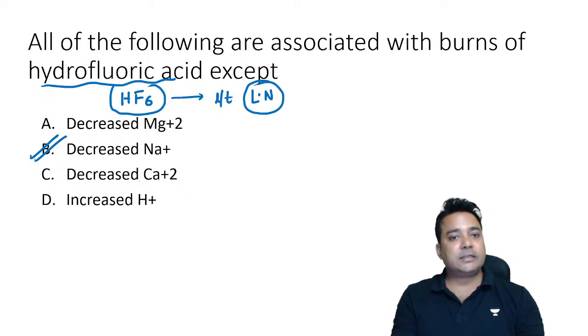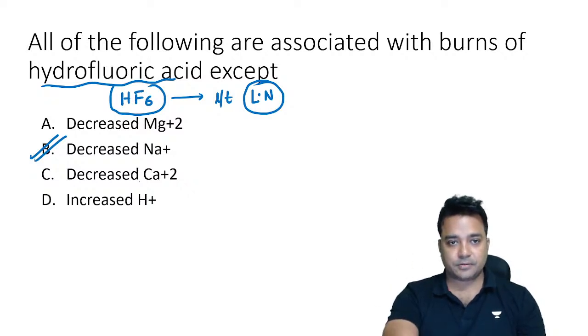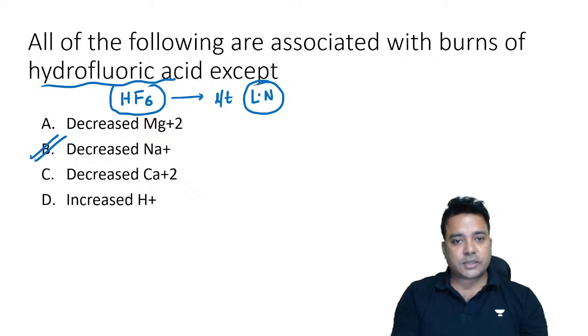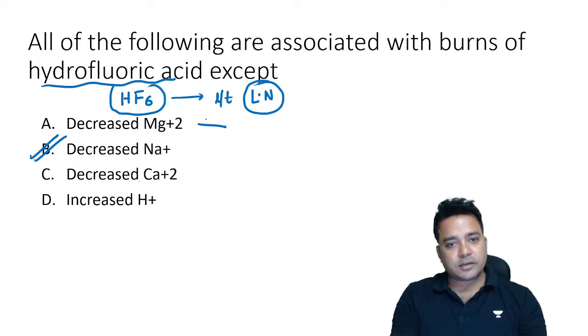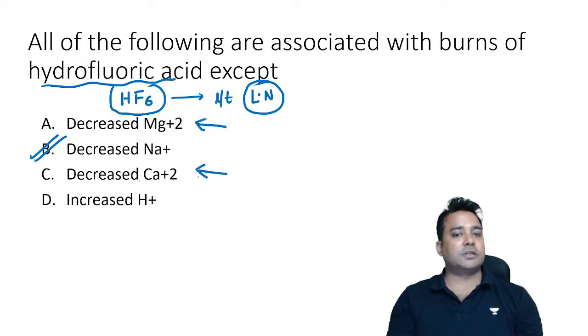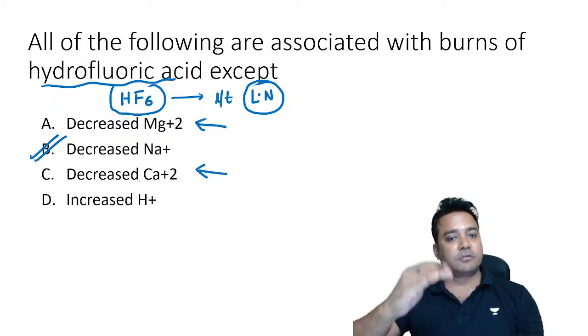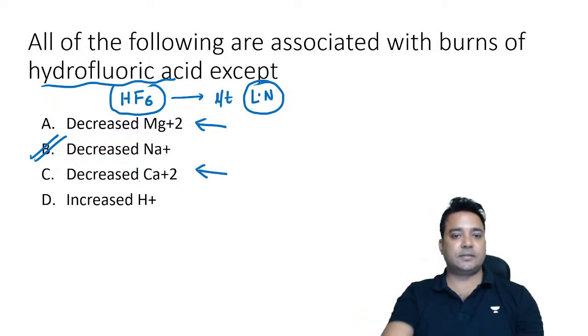Whereas all other acids having a C alphabet, they lead to coagulative necrosis. तो इसके मैनेजमेंट में क्या क्या यूज कर सकते हैं? मैग्नीशियम सल्फेट यूज कर सकते हैं, कैल्शियम ग्लूकोनेट यूज कर सकते हैं to replenish the levels of these electrolytes.